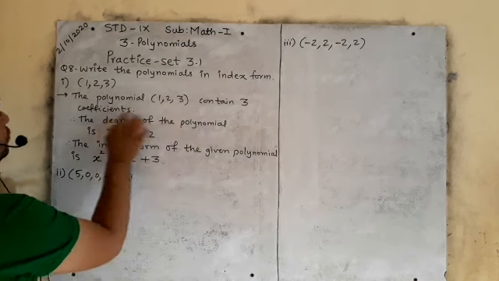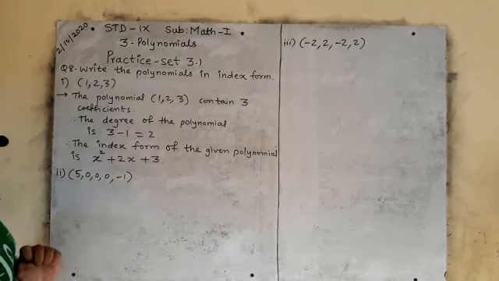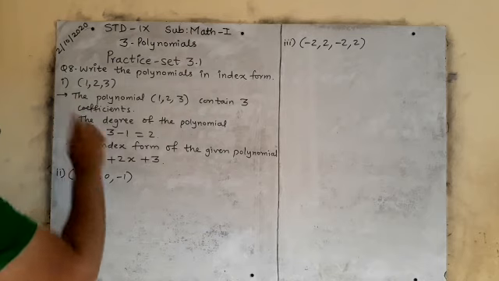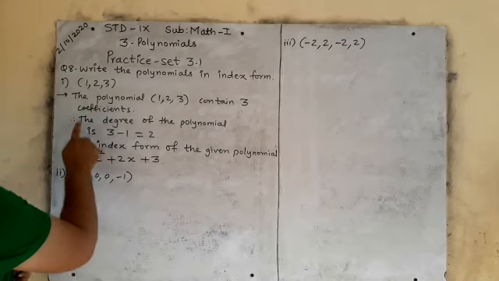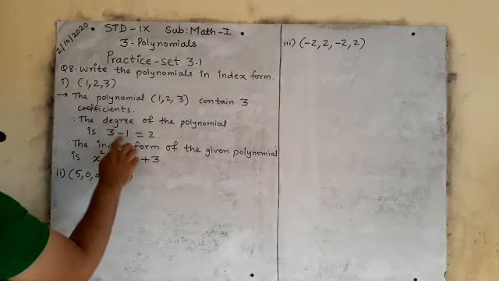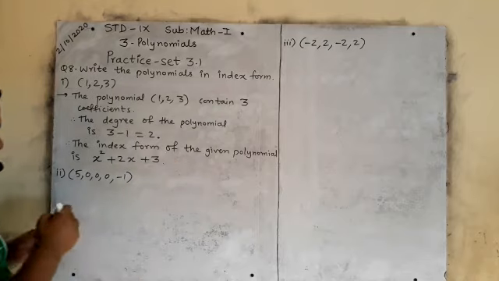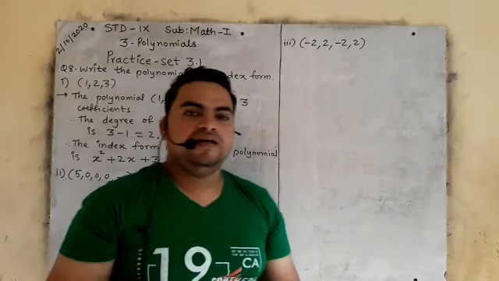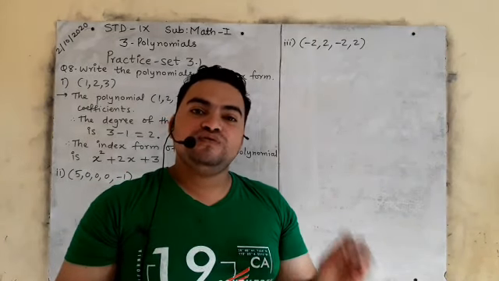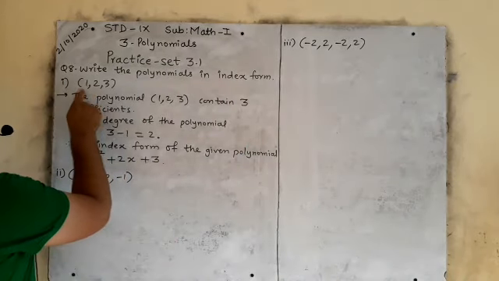This polynomial contains 3 coefficients, okay. So you will always subtract 1 from it. Therefore the degree of the polynomial is 3 minus 1, which is equal to 2. It means whichever variable you use, its highest degree will be one less than the count of numbers, 1, 2, 3.